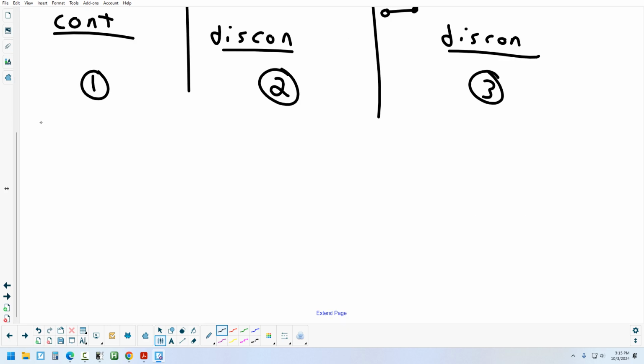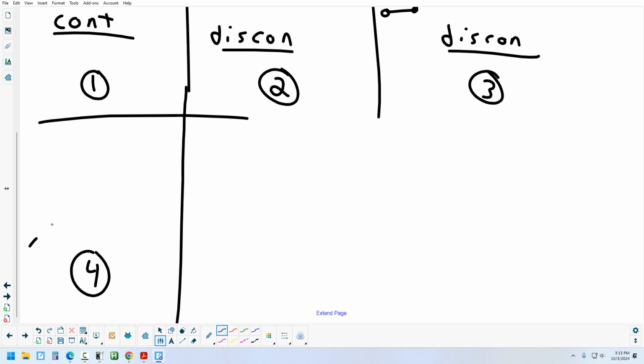Let me add one more. Let's look at this one. It's a graph that has a hole in it. Continuous or discontinuous? Discontinuous. That's an infinitely small hole in the graph, but a hole is a discontinuity. Yep.